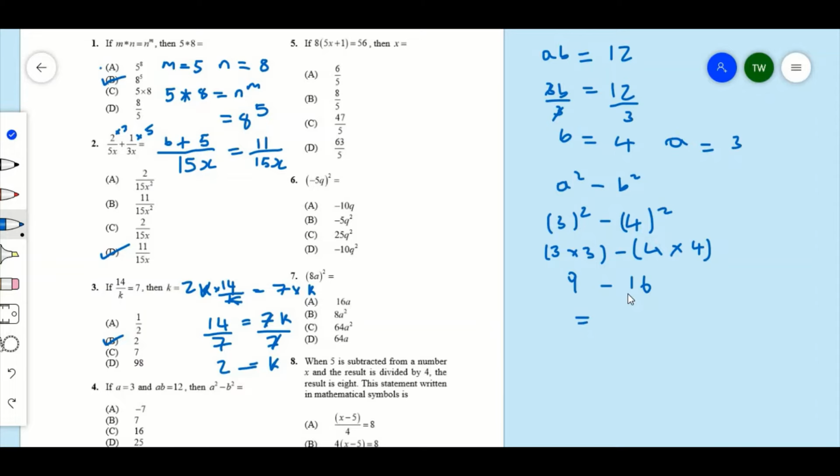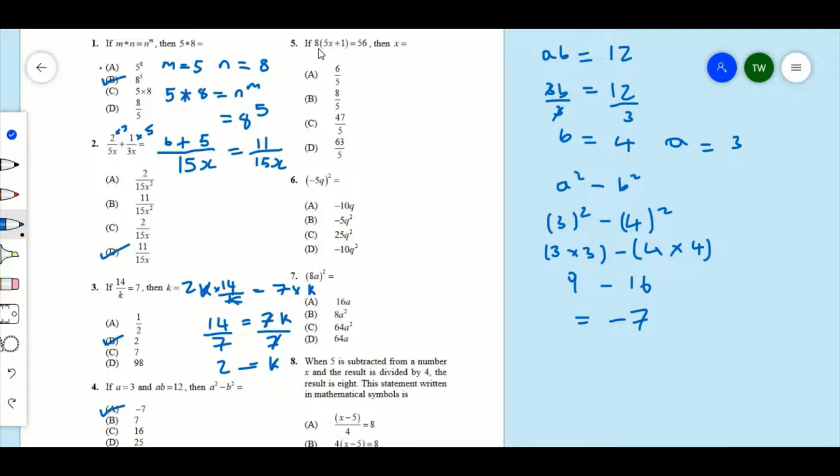So clearly here the sign of the larger number is 16, so it's going to be a negative answer. So if we subtract the digits, which is 16 minus 9, that's going to leave us with 7. So our answer is negative 7. Alright? So our answer in this case is going to be A.